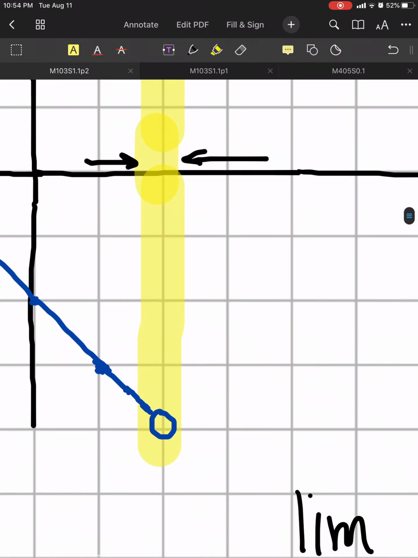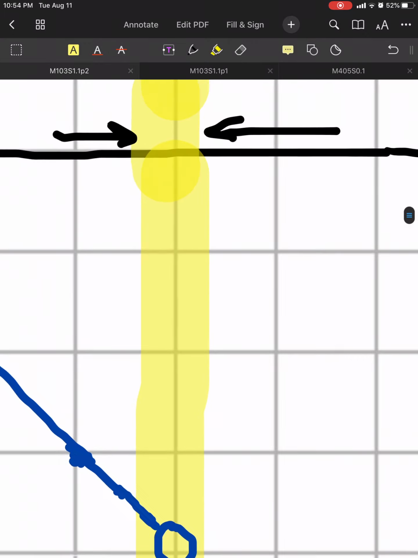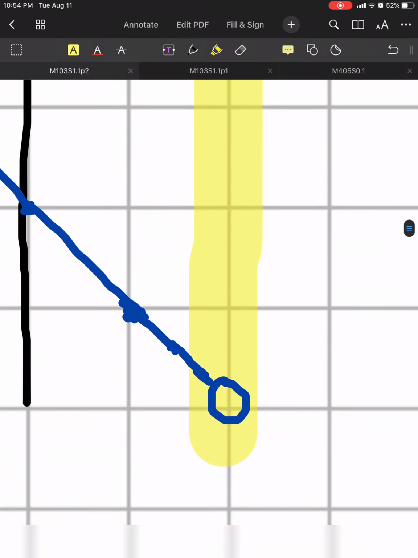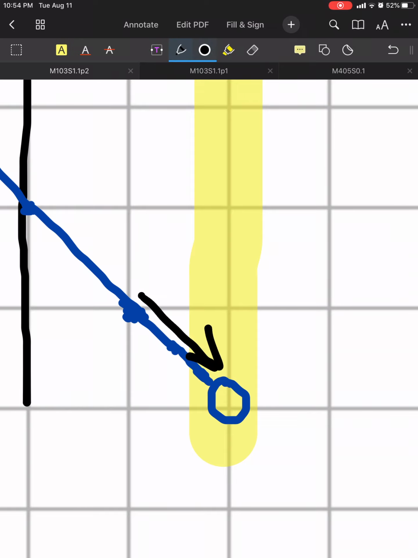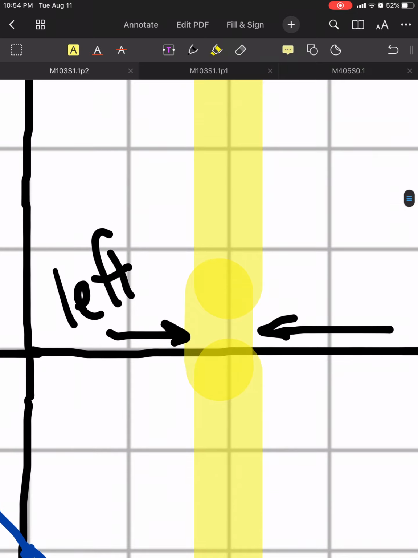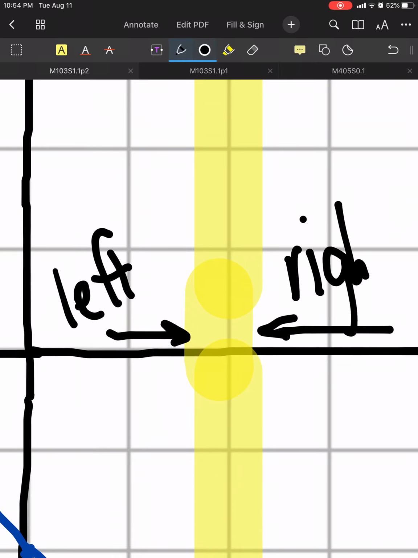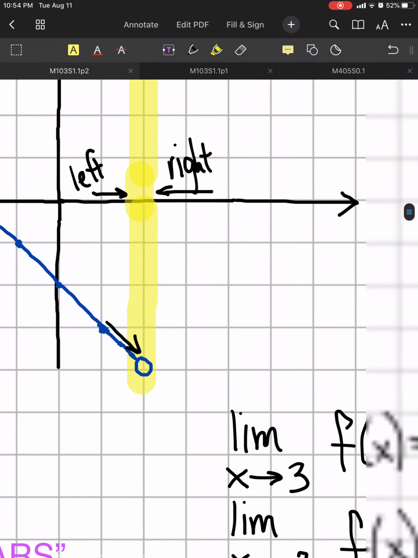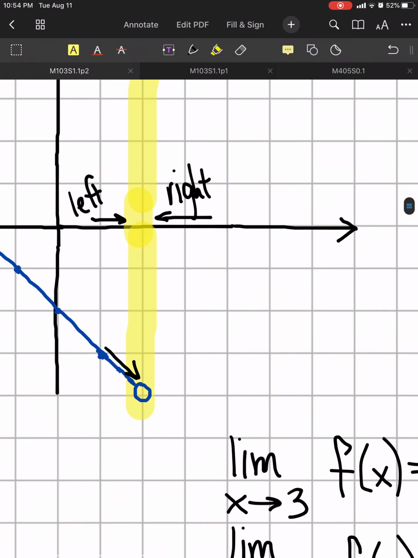If I go to 2 from the left, I'm approaching this point on my graph. If I go to 2 from the right, I am approaching this point on my graph. So I'm approaching those y values. But those are two different y values.